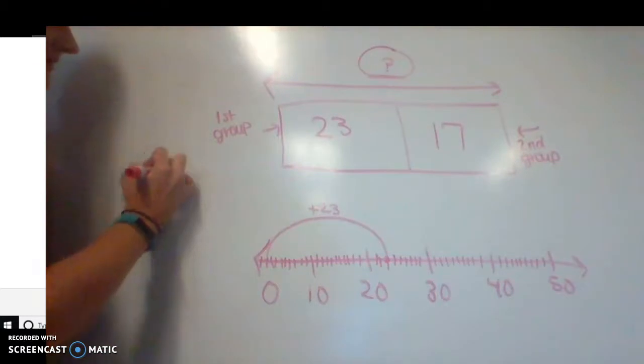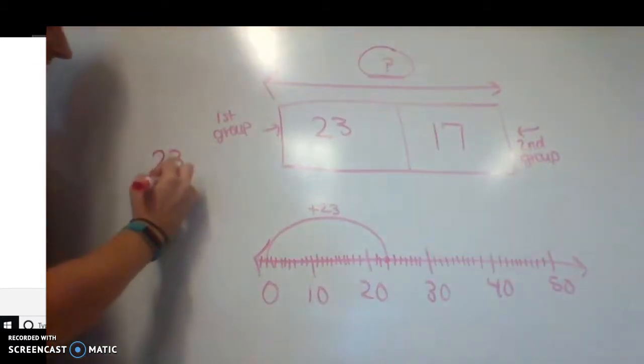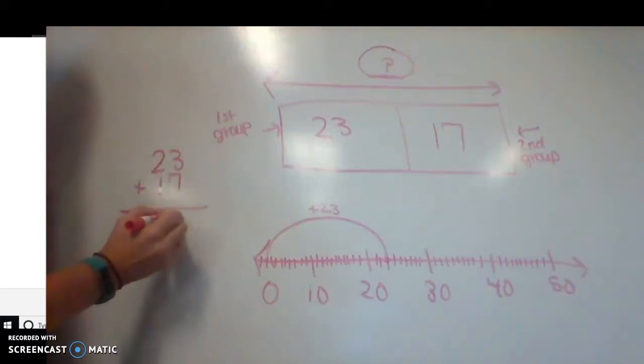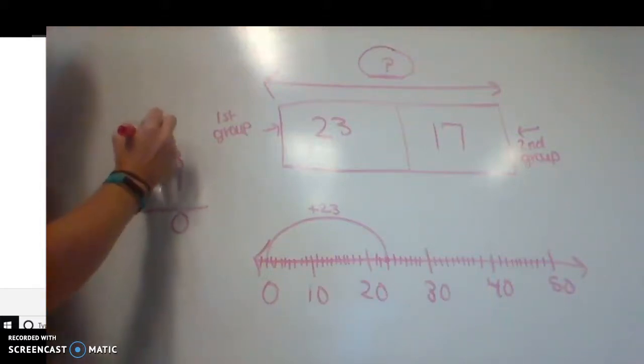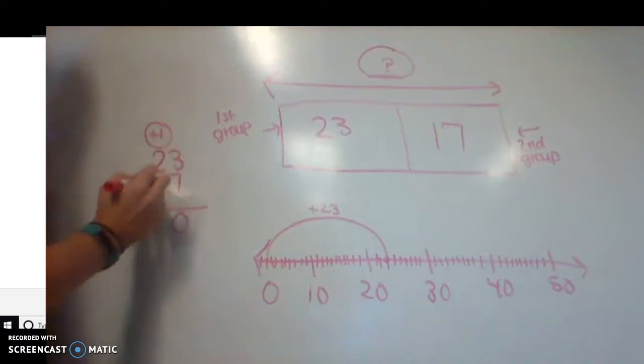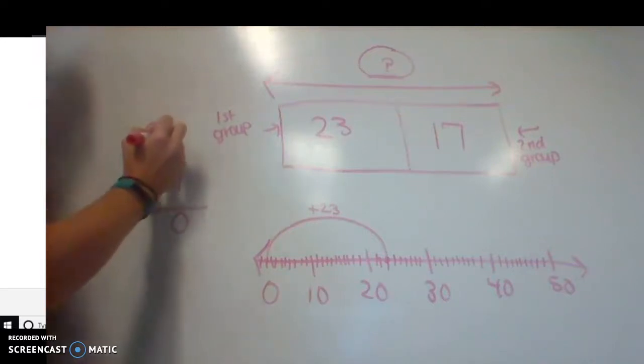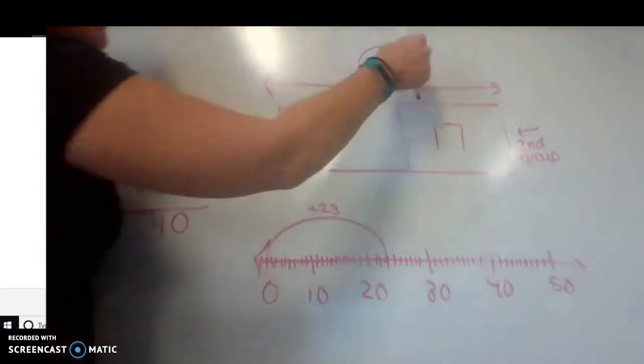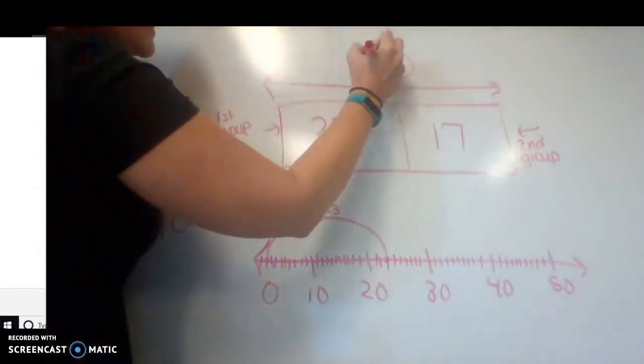I'm going to add those up. 3 plus 7 gives me 10, carrying my 1. 2 plus 1 gives me 3, plus that 1 on top gives me 4, giving you a total of 40 minutes.